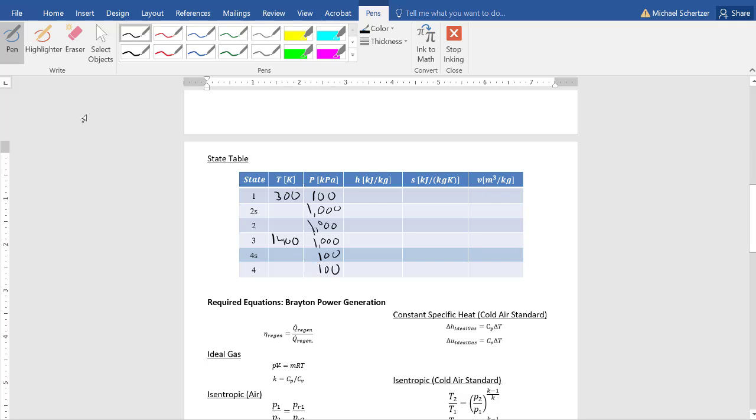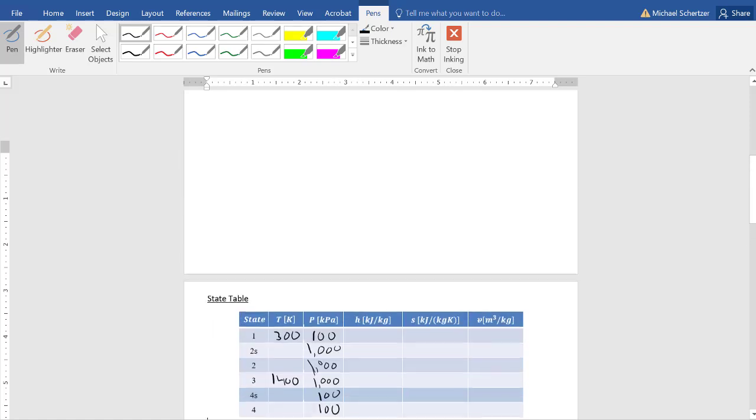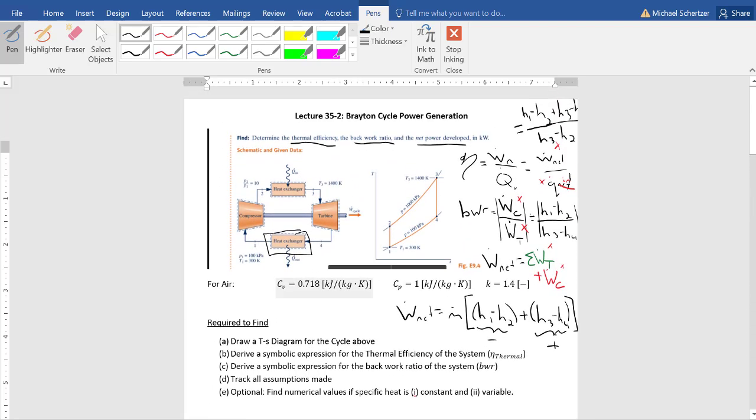I'm not sure if in this problem they tell us things like the efficiency of the compressor or if they don't. On an exam, we're going to tell you, because now we're at a choice. We've got these expressions and they're all a function of these specific enthalpies, so we're at the point where we've used the first law.